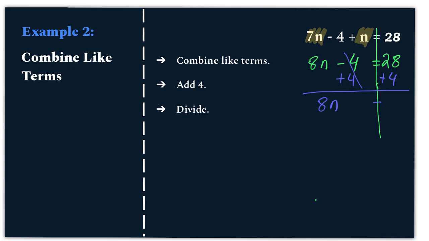And 28 plus 4 will equal 32. Now we're going to divide. That means 8 is multiplied by a number that will equal 32. And what number could that be? To find that number, we have to divide, do the inverse operation. So n equals 32 divided by 8, which will equal 4.